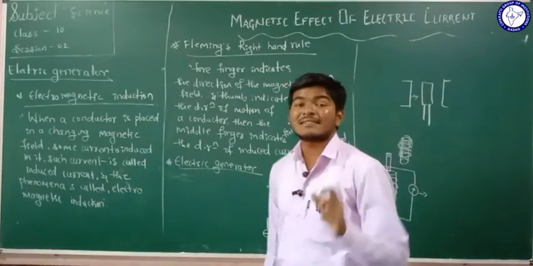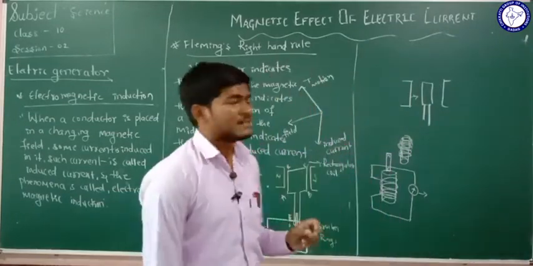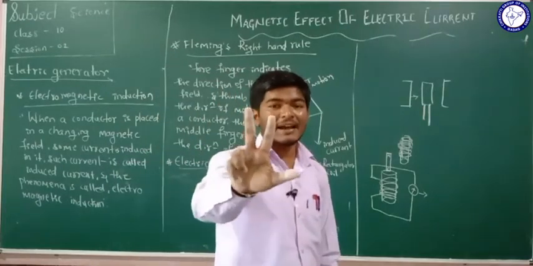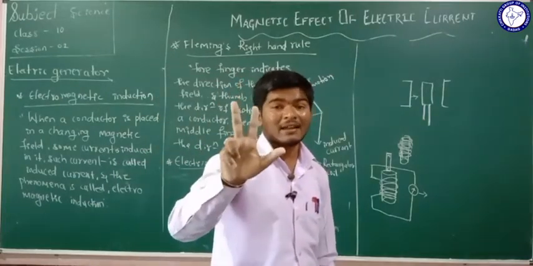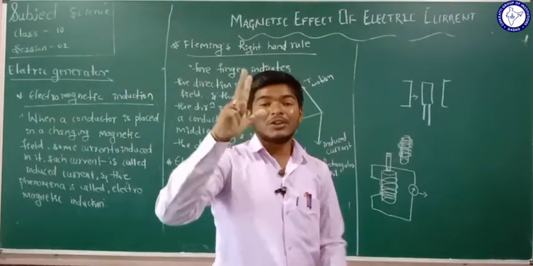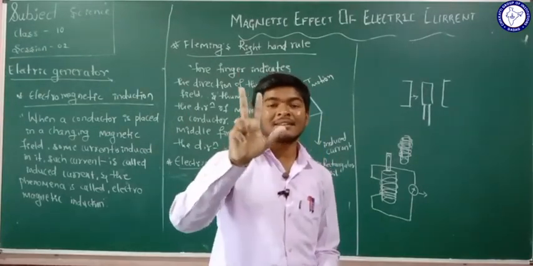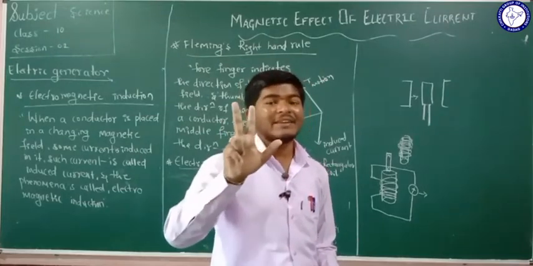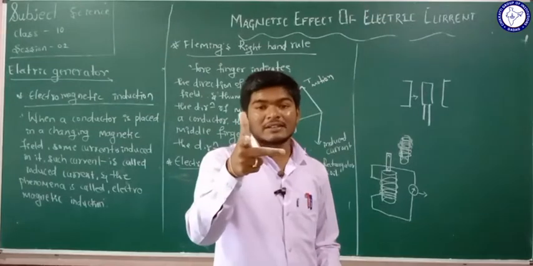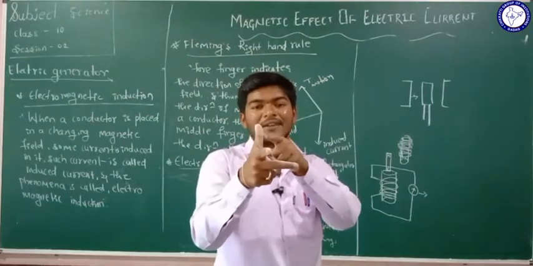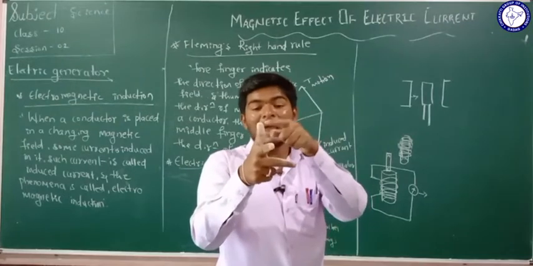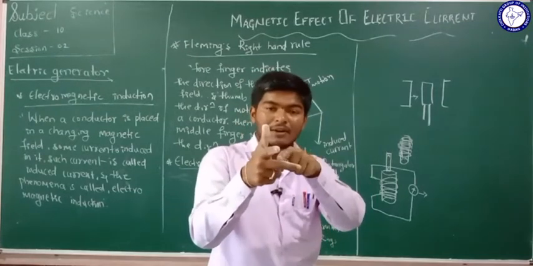What is Fleming's right hand rule? What does it say, see here. Again you have to consider the three fingers of the right hand, the thumb, forefinger and middle finger. You have to consider the three fingers in such a way that they are mutually perpendicular to each other, so this finger is perpendicular to the thumb and this finger is perpendicular to the middle finger.